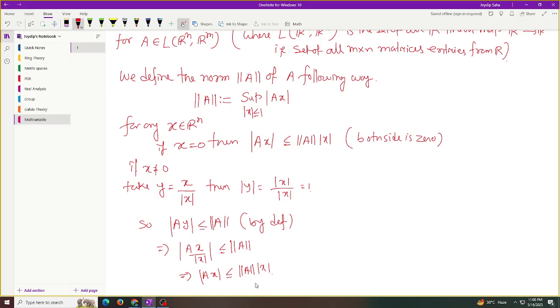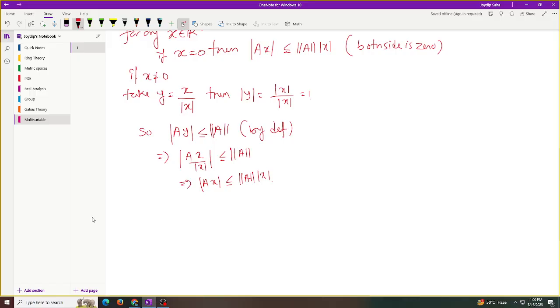Suppose there is a lambda in R such that mod Ax is less than lambda mod x for all x belonging to R to the power n. Then what happened?